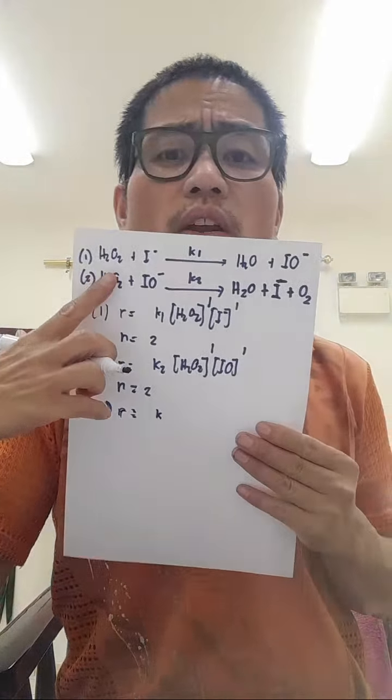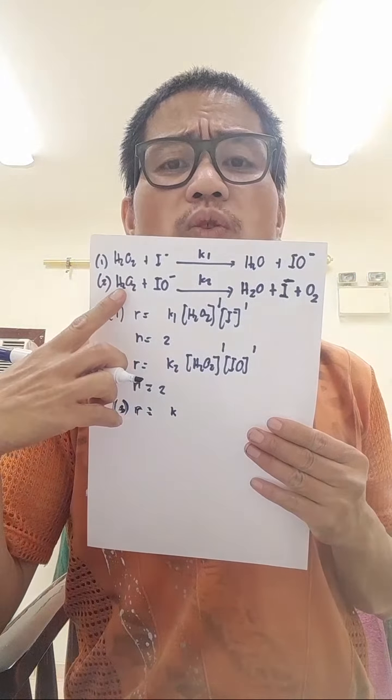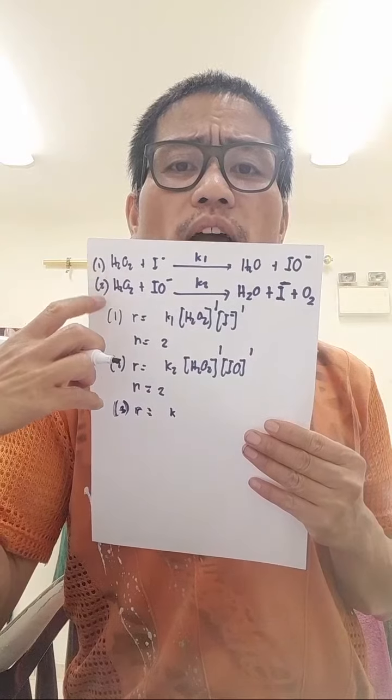Now our overall reaction rate law is equal to K. Since we don't know yet the total overall reaction, we need to sum reaction step 1 and reaction step 2. What is being cancelled here is the iodide, and also the iodate.